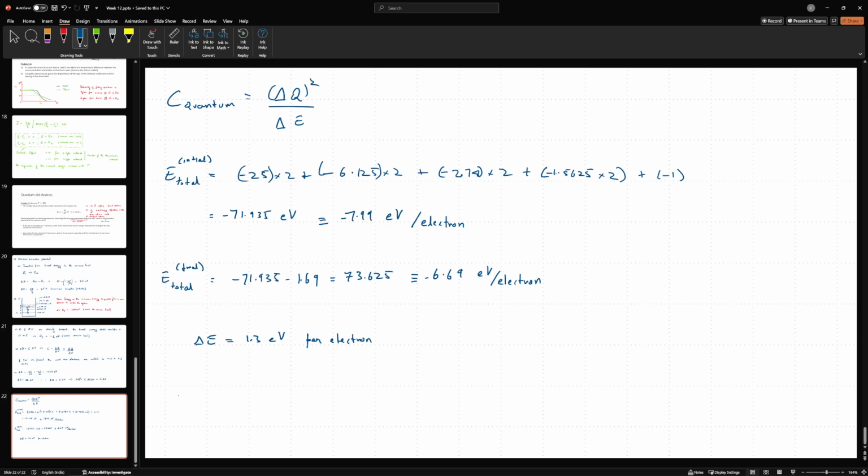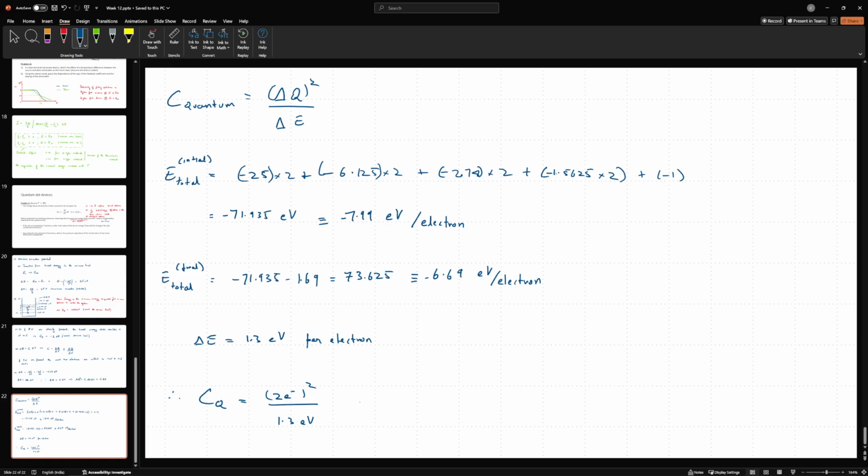Therefore, C quantum, the quantum capacitance, is delta Q squared, which is twice the electron charge whole squared, divided by 1.3 eV.